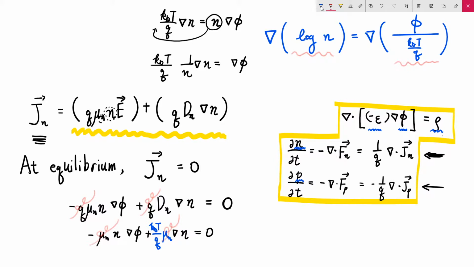Then what does it mean? It means that, since they have an identical gradient, we have only the freedom of a constant difference between them. So log n can be written as phi over kBT over q plus something.